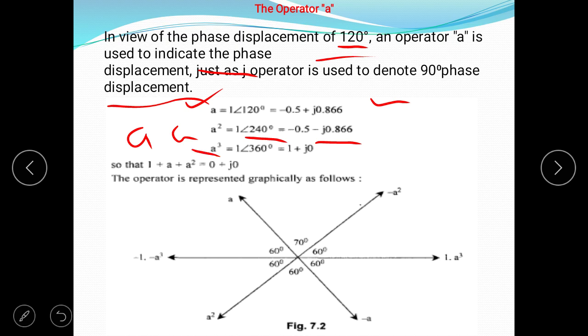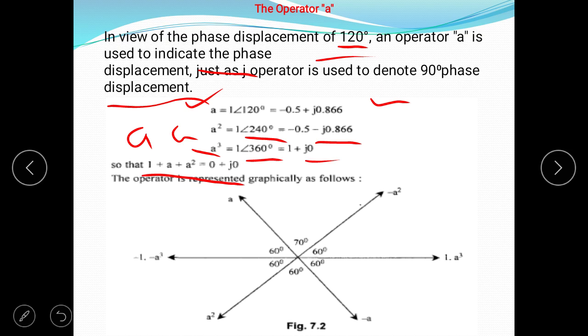Similarly, if operator A is applied 3 times on the same phase, then that phase comes to the original position after rotating 360 degree. Means when we multiply any phase with operator A cube, the phase comes to its original position and its value is 1. So the value of 1 plus A plus A square is equal to 0.